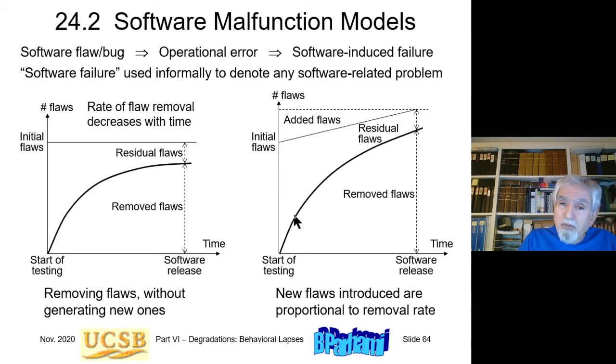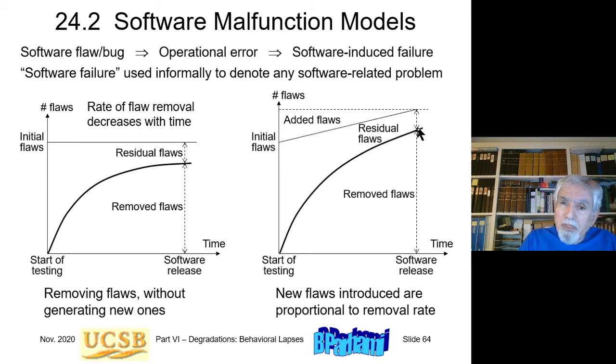As we remove more and more flaws, we approach the point where we say, okay, we've removed enough flaws, let's release the software and let the user worry. Of course, the seller will help the user if these flaws surface, try to analyze and find the reason for the malfunction, and put patches in.